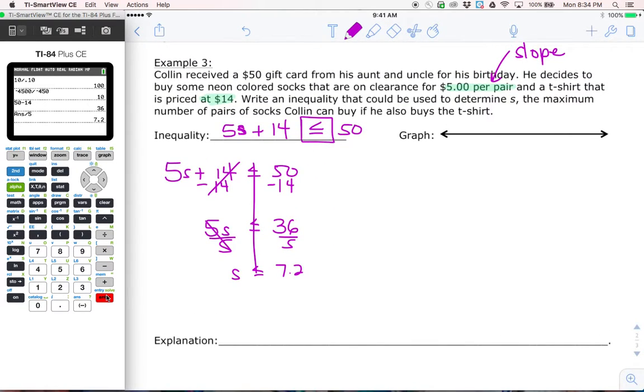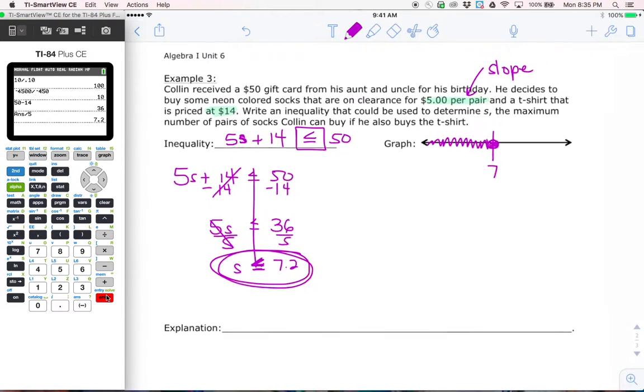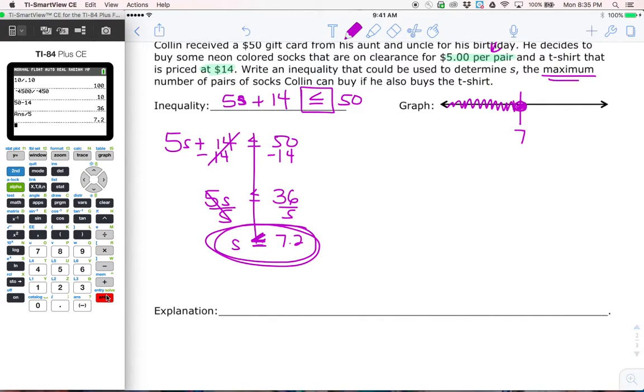Okay, so can he afford 7 pairs of socks? Yeah, right, because this number of socks needs to be less than 7.2. Well, the next logical conclusion is 7 pairs of socks, right? Because that's the next whole number, because only whole numbers make sense in this case. That's less than 7.2. So we're going to say 7 pairs of socks, and he can afford less than that, right? 7 is the most he can afford, the maximum he can afford.